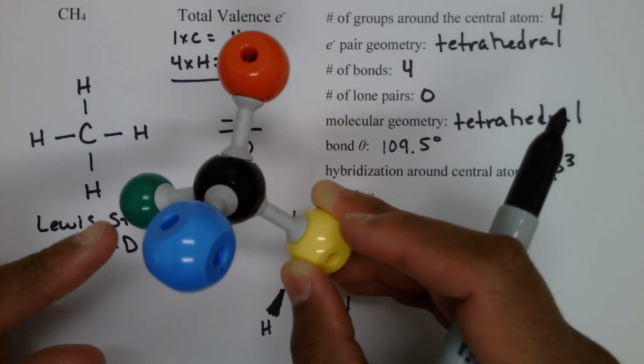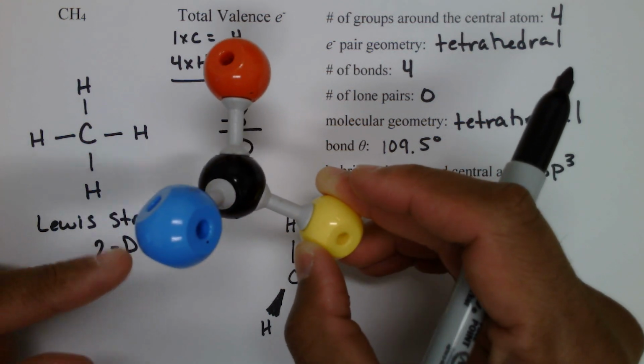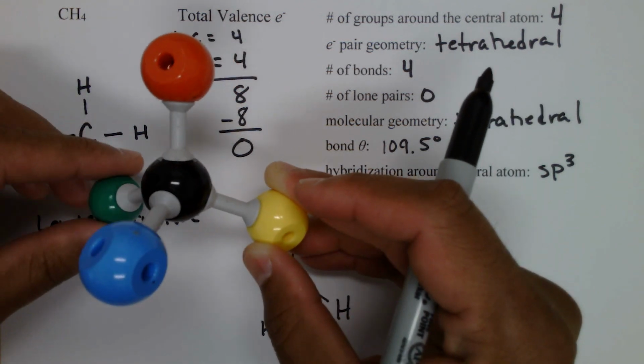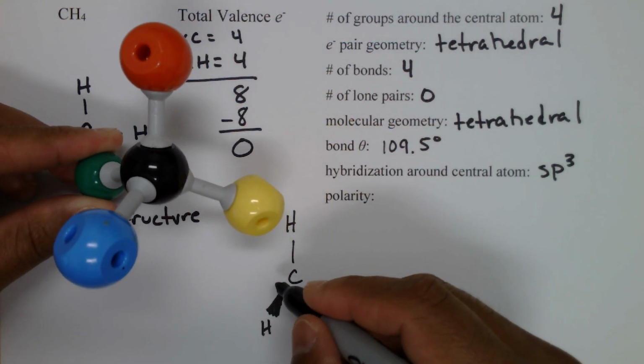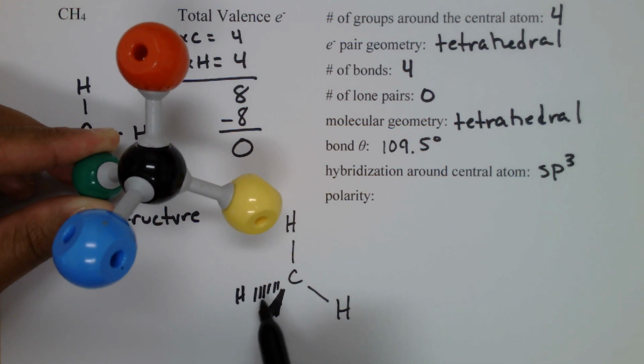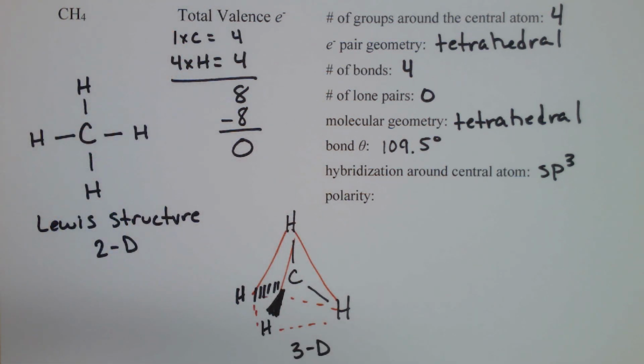Now, if you look at this green atom, if I hold it this way, it's directly behind this blue atom. But when we sketch it, I'll go ahead and draw it just a little bit off-centered, just so that we can see it. And so these dashes represent atoms that are going away from you. You can almost see that pyramid shape, and this is what it looks like.